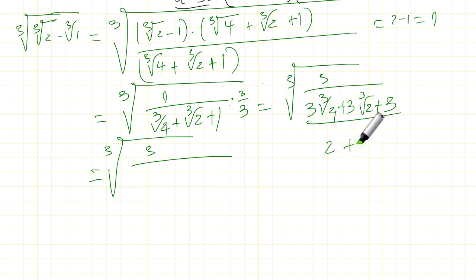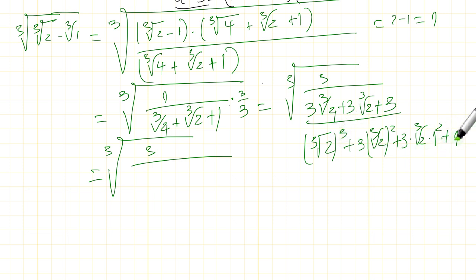So I'm going to write 3 times cubic root of 2 square plus 3 times cubic root of 2 times 1 square, and then 1 is cubic root of 1 to the power of 3, which is still 1. I can write this as cubic root of 2 to the power of 2.